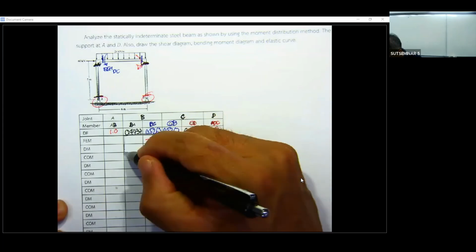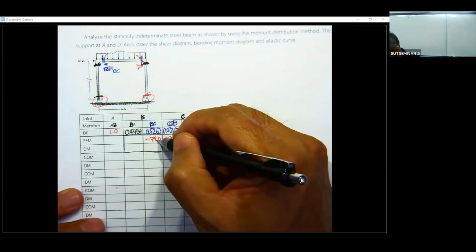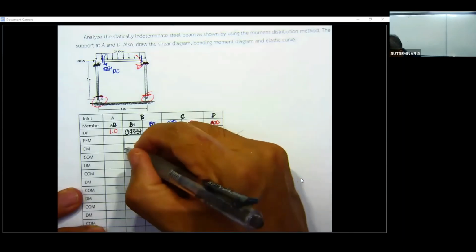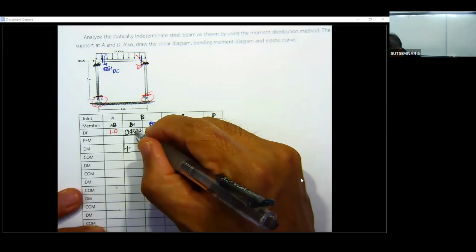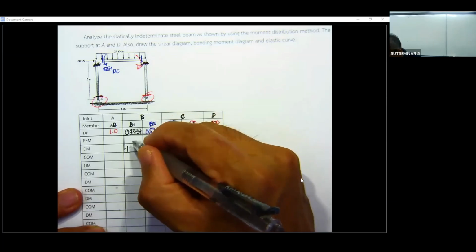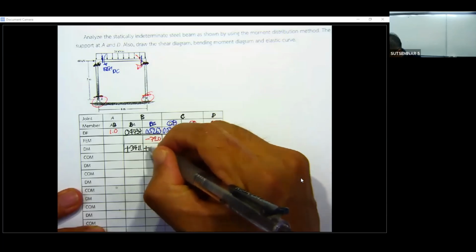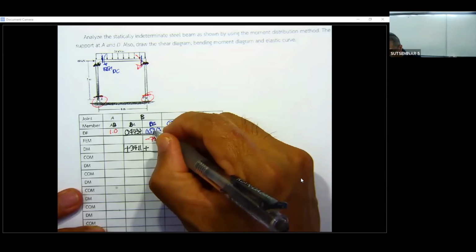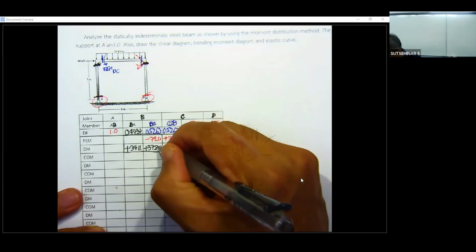For the first one over here, okay, you have 72.0, and then for this you require positive 72. Positive 72 times 0.4732 is going to be 34.11, plus 72 times this one is going to be plus 37.89.